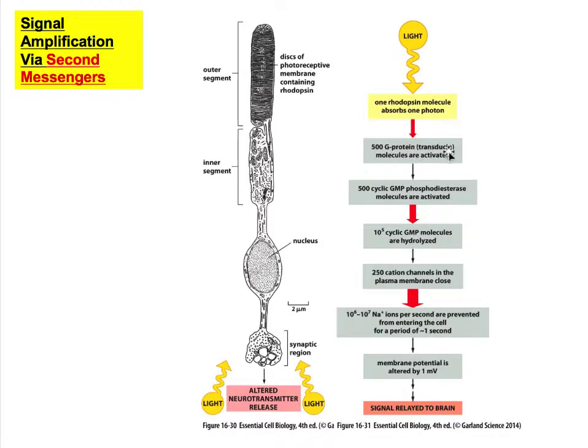That causes the transducin to change shape, which then triggers an enzyme called cyclic GMP phosphodiesterase to be activated, and so on. You're not required to learn this pathway, except maybe the name of the G protein transducin. So when it comes to photoreceptors, just remember transducin and that it interacts with cyclic GMP.